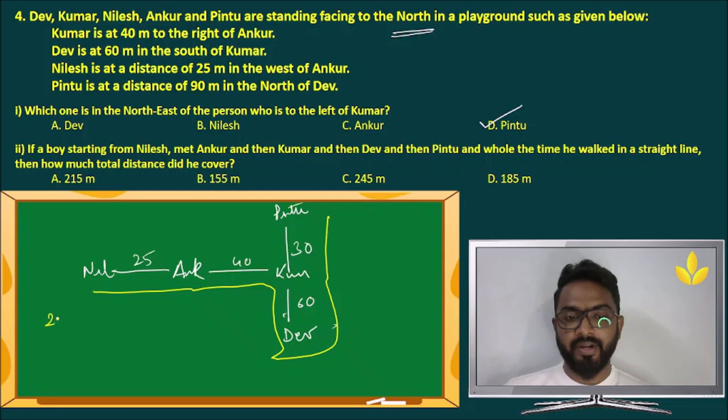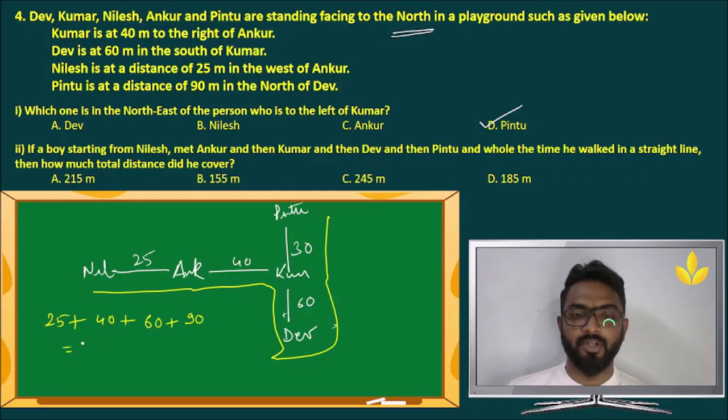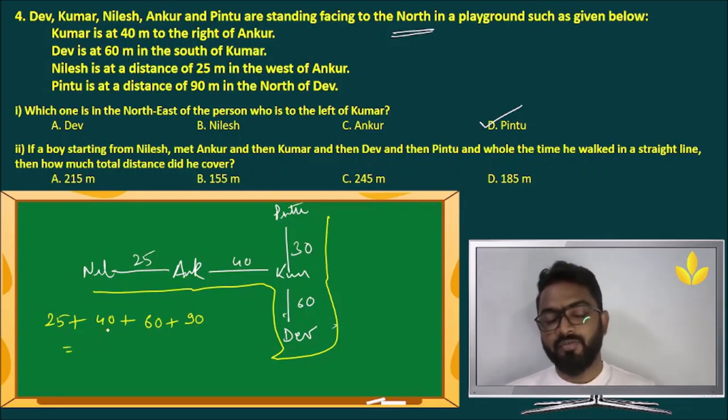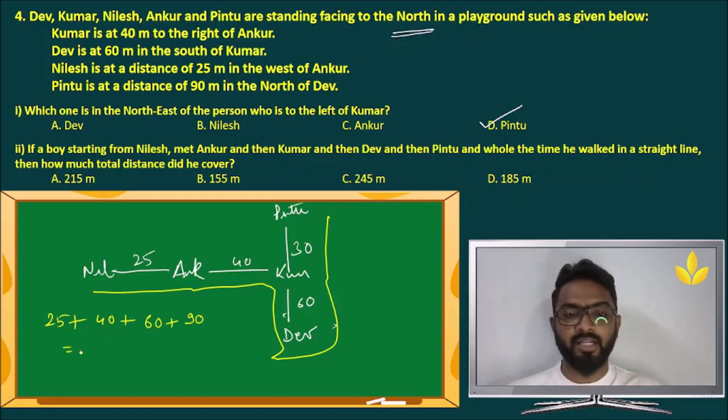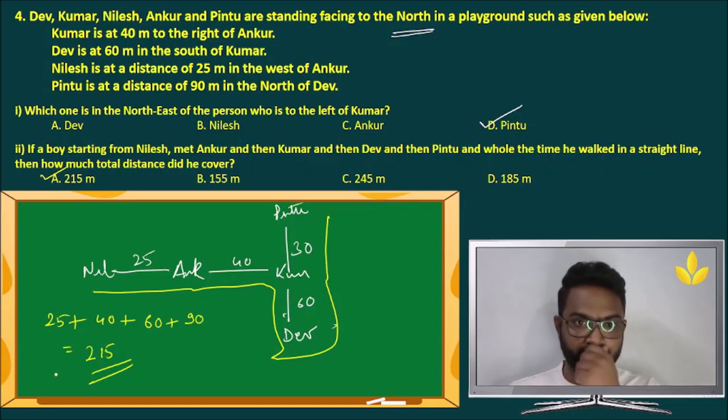Nilesh to Ankur 25 plus Ankur to Kumar 40 plus Kumar to Dev 60 plus Dev to Pintu 90. 60 plus 90 is 150, 150 plus 40 is 190, 190 plus 25 is 215. That is the answer. Answer is A, 215 meters.